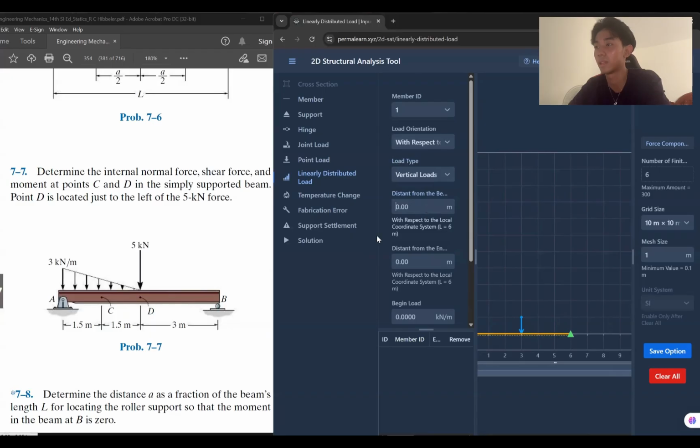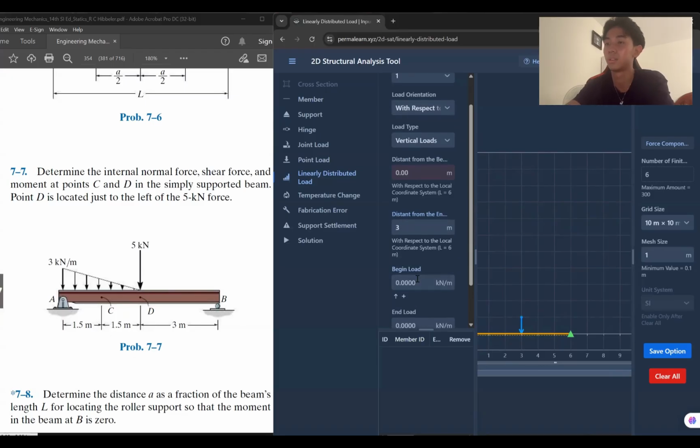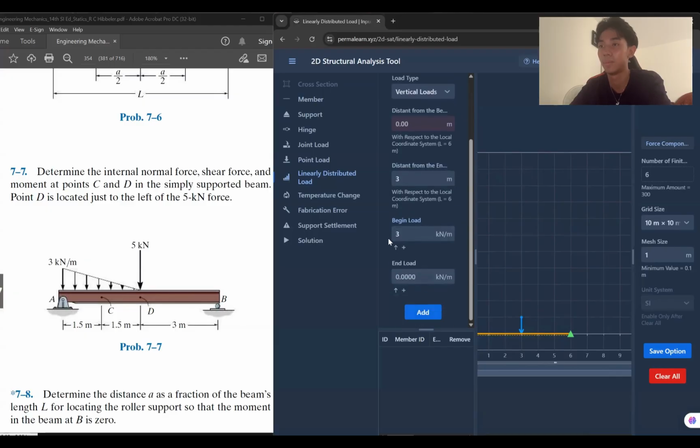The distance it starts from the beginning point is 0, and the end distance is from the end point, so we want to find this distance from here to here, so it's 3 meters, because our load is from here to here, and the distance from the end point of this load would be 3 meters, because it's on the beam right now. And our begin load is 3 kilonewton, and -3 because it's downward, and our end load will be 0.